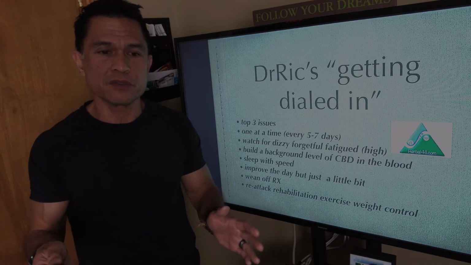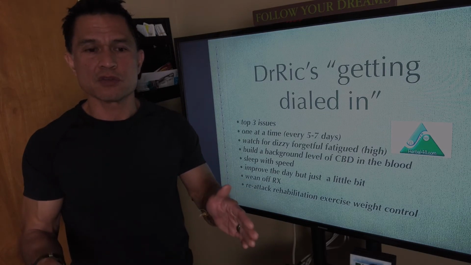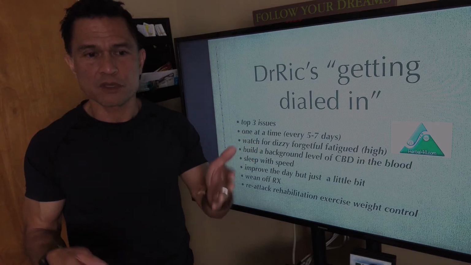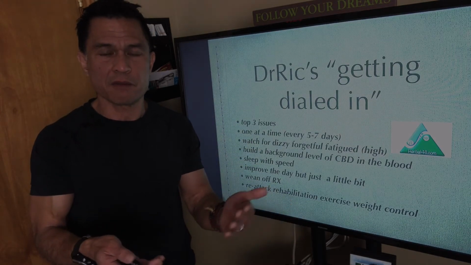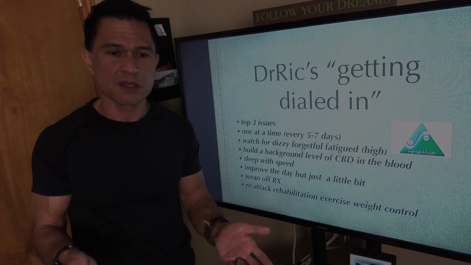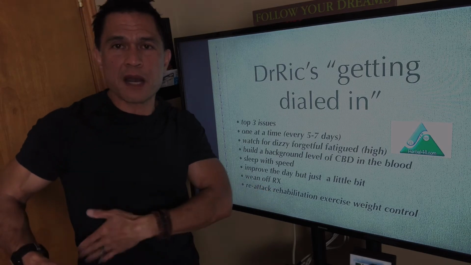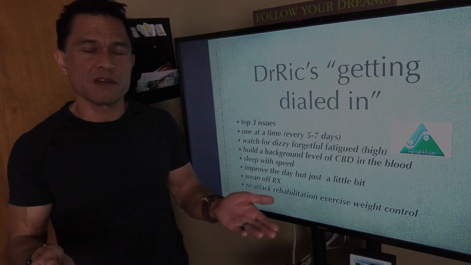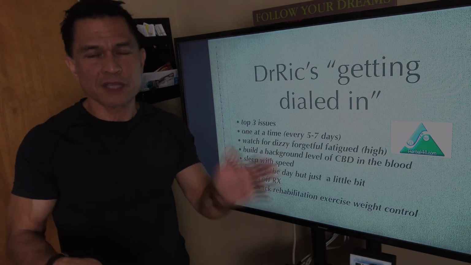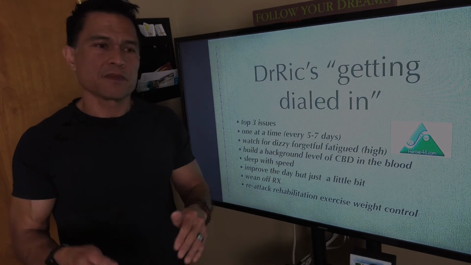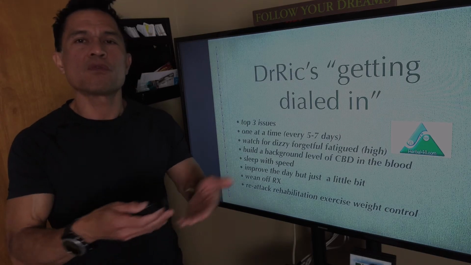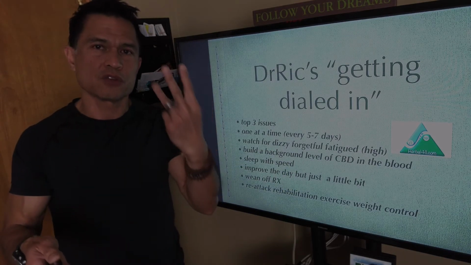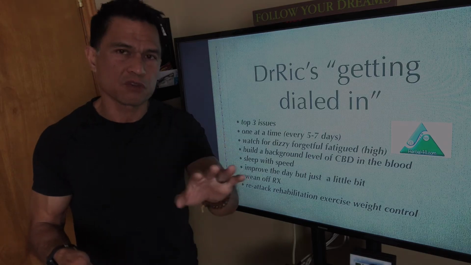There are so many variables. I'd love to just use oral forms, but because many people have a problem with their digestive system to begin with, and they're taking a lot of medicines that are bogging down the liver, you might have unpredictable levels. That's why day to day it'd be hard to figure out what levels you're chasing, but overall, if you can just get 2 to 3 times a day dosing, I think that should be reasonable.